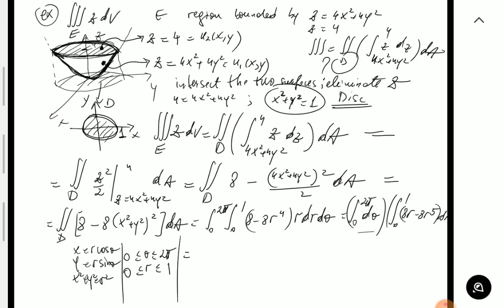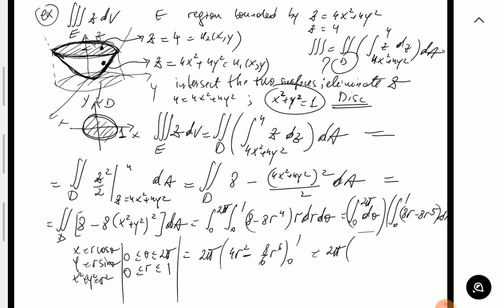Okay, the first integral is going to be 2 pi, we've seen that before, so we just write 2 pi, and then the one in r is going to be 4r squared minus 8 over 6 r to the 6, between 0 and 1.